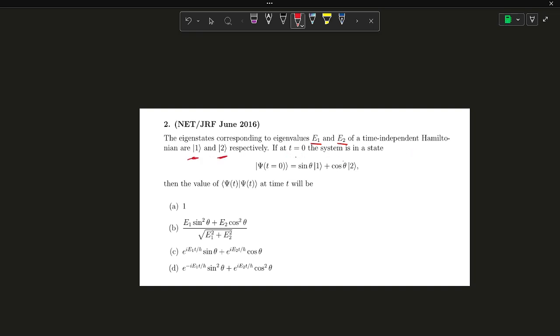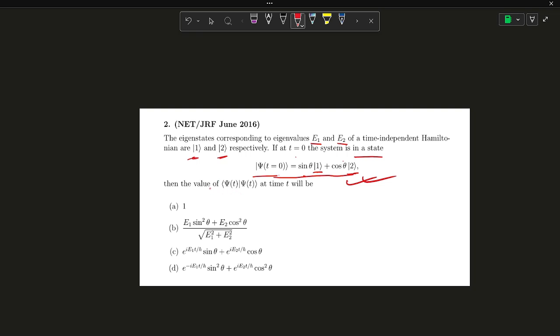If t is equal to 0, the system is at the state again the same. So these are the wave functions, written as a linear combination, and this is normalized because when we take the scalar product of psi at t equal to 0, this will give sin square theta plus cos square theta, so it will be 1. So this is a normalized wave function.